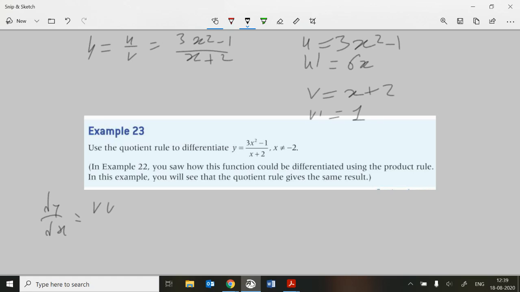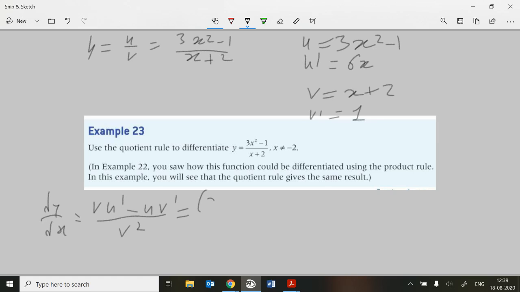Write down the quick way of doing this, v u dash minus u v dash over v squared. And of course, you want to be able to do it as quick as that. It's worth remembering this. You will be using it somewhere in your exams. Pretty much 100% chance of that happening. It's worth remembering it because you don't really want to be flicking through the pages of the formula booklet during the exam if this is just really obvious and to mind straight away. You're going to save yourself a bit of time.